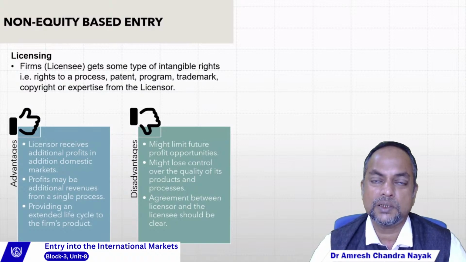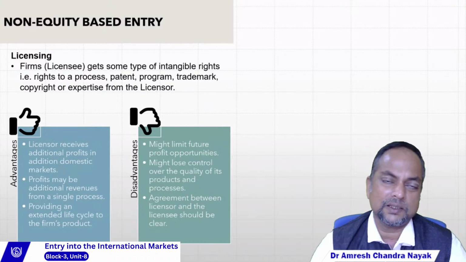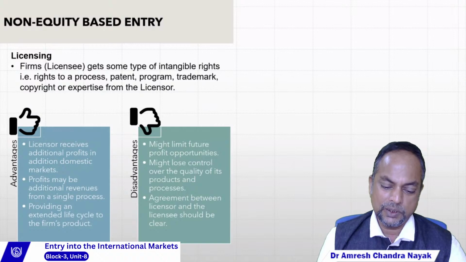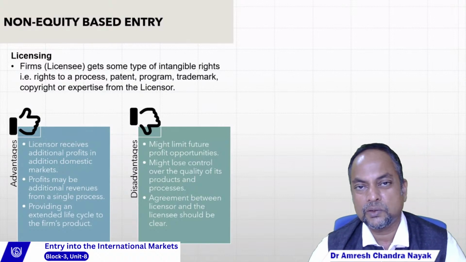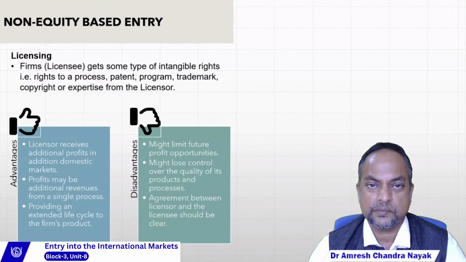Okay, control and quality in the product line, because they don't have direct access. They only outsource their processes, technology, or patents.